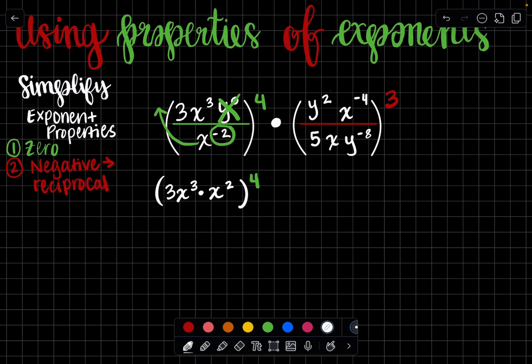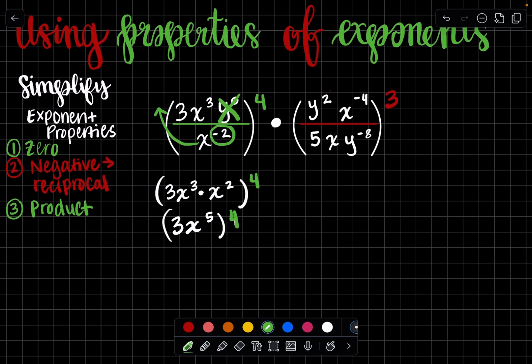So now, if I multiply this out, I get 3x. After the negative rule, the next property I'm incorporating is the product of powers rule, which means I add the exponents. So this turns into 3x to the power of 5, and all of this to the power of 4.